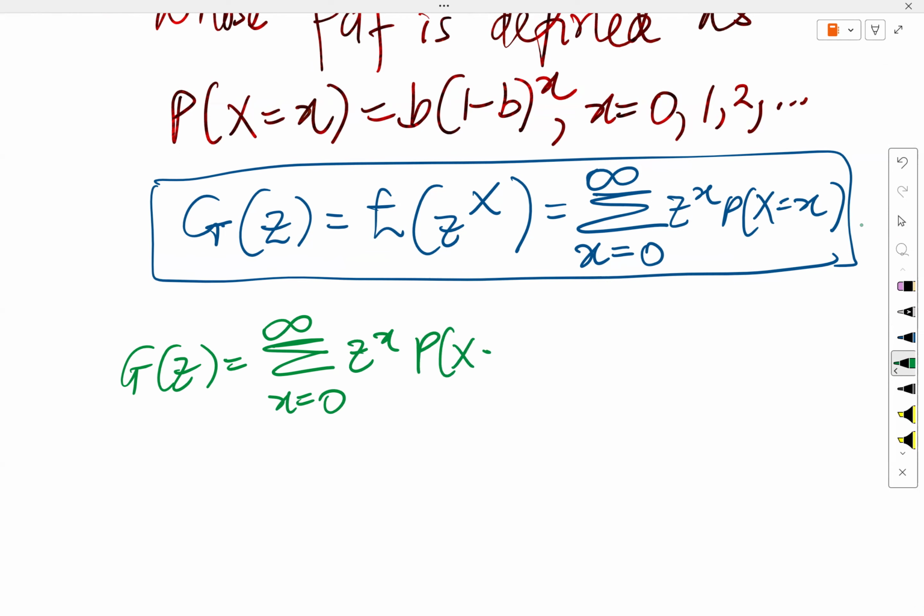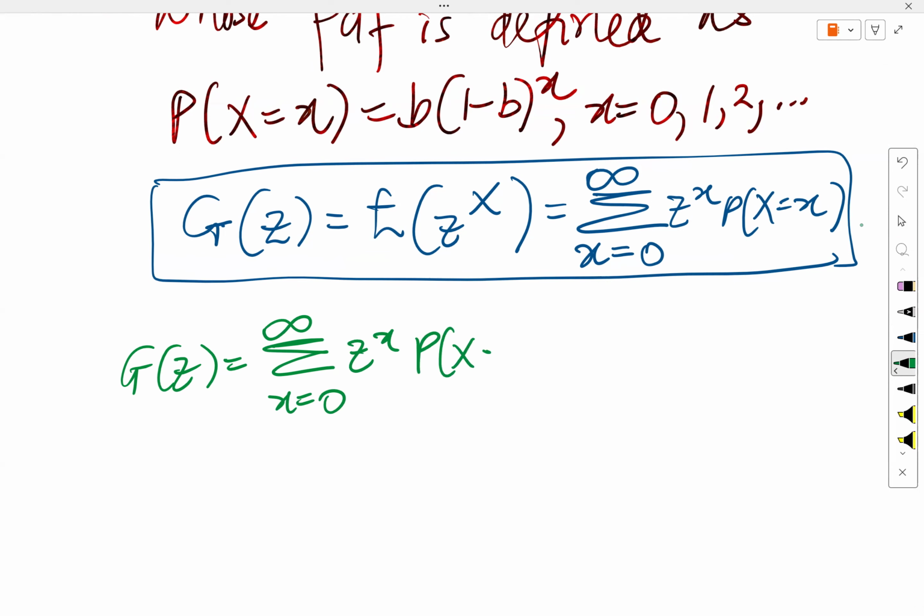So it's more like you have b times, if you put this in brackets, when x is 0, anything raised to 0 is 1, so you have 1, plus, when x is 1, Z into 1 minus b raised to power 1, or the bracket may not even be necessary because we just have Z into 1 minus b straight.